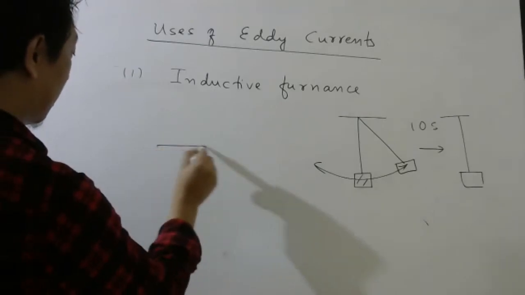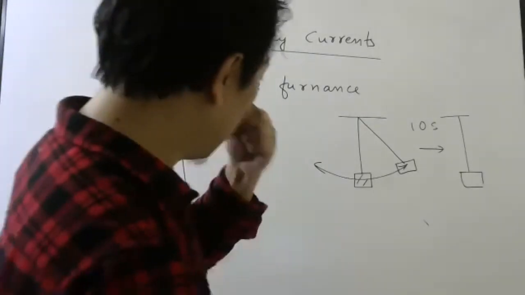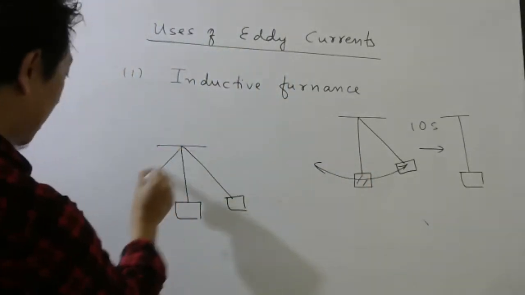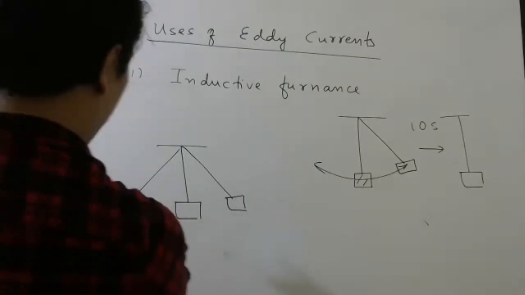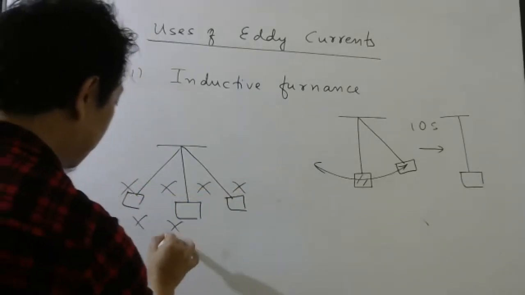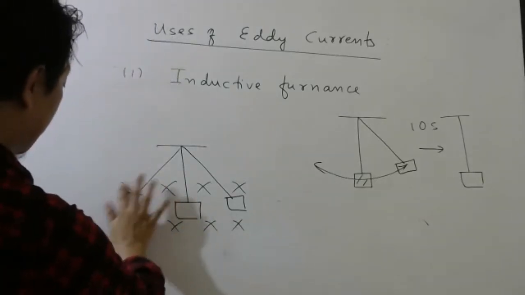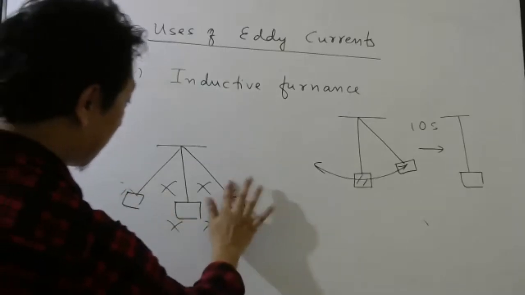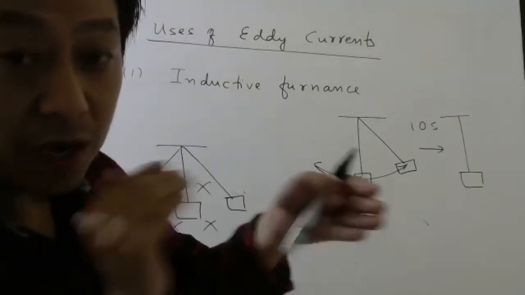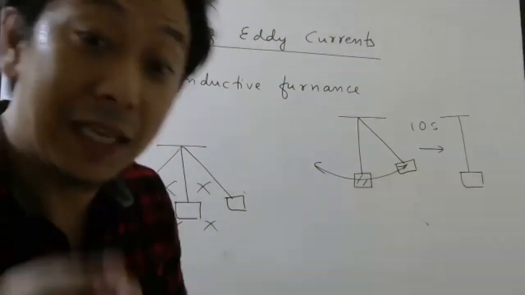Now listen carefully. If instead you make this oscillate, here also you make it oscillate, but as it oscillates, you apply a magnetic field. As you apply the magnetic field, see what happens. This time we are not changing the magnetic field, we are moving the conductor in the magnetic field.